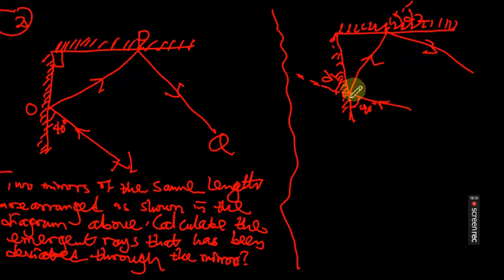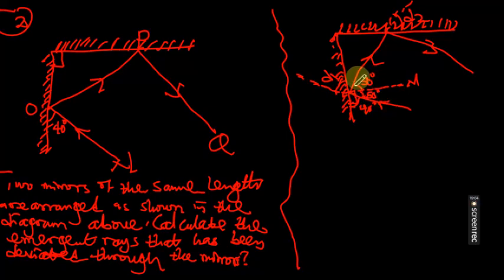So all I need to do is trace out this part to bring out the normal. If this place is 40, everything here is 90 degrees. So 90 minus 40 gives this part as 50 degrees, right? So 50 is standing as the angle of incidence. Angle of incidence is always equal to the angle of reflection, so this part also becomes 50 degrees. So the angle of reflection is 50 degrees.